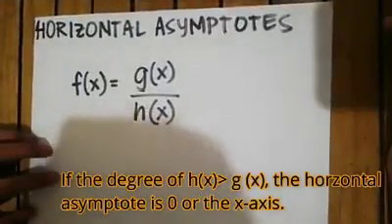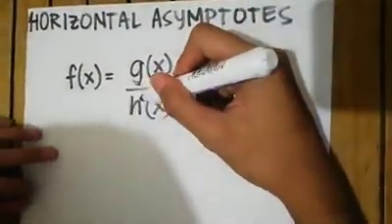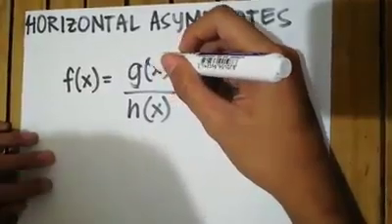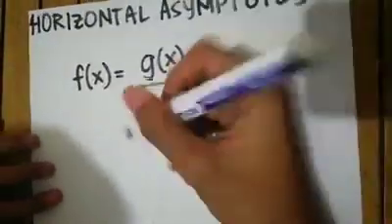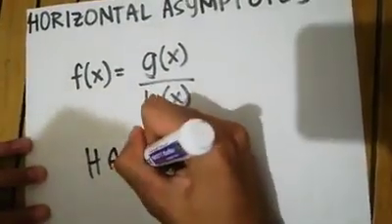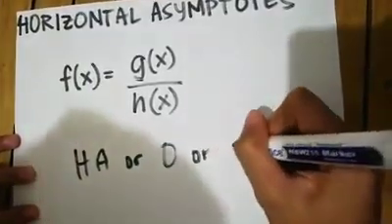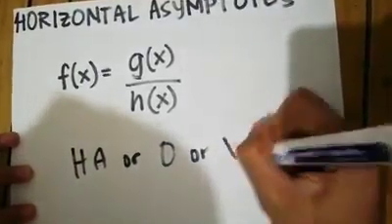The horizontal asymptote. If the degree of h of x is greater than that of g of x, the horizontal asymptote is always 0, or the x-axis.